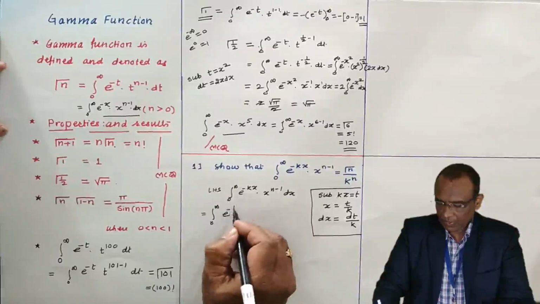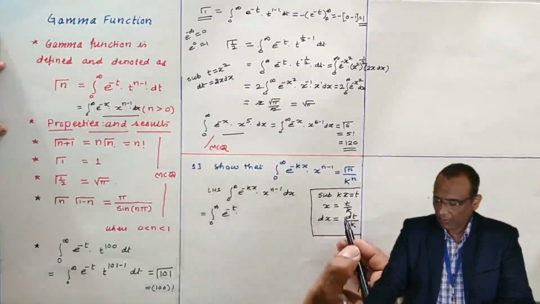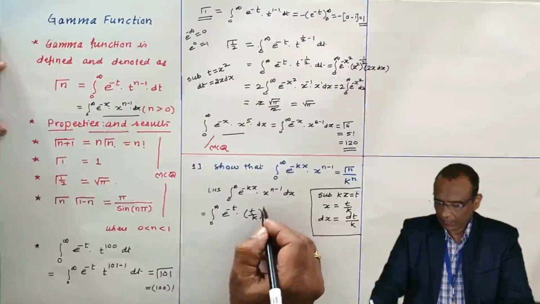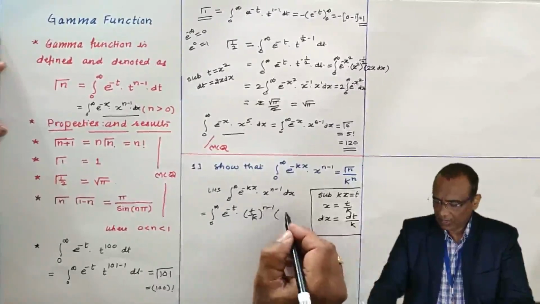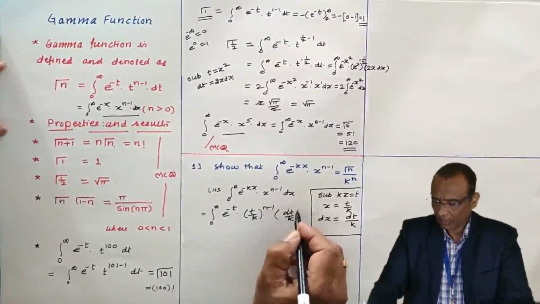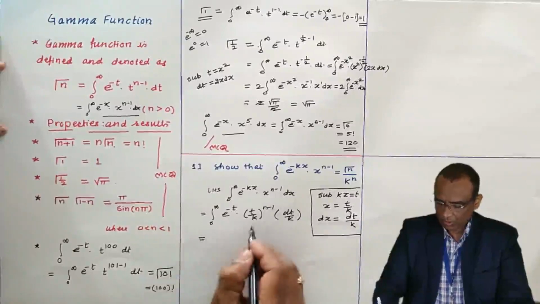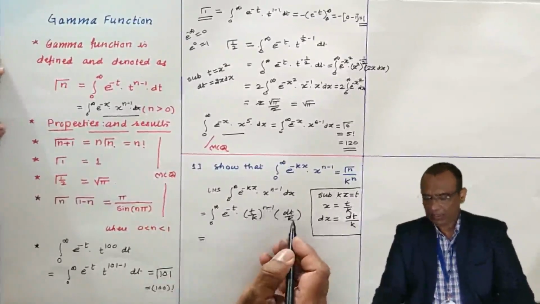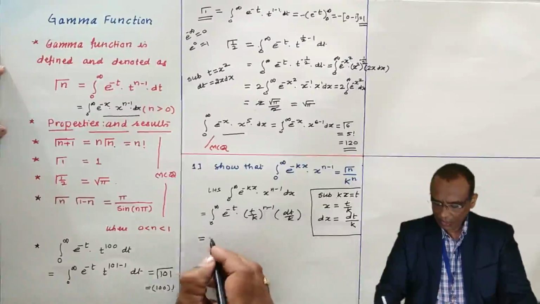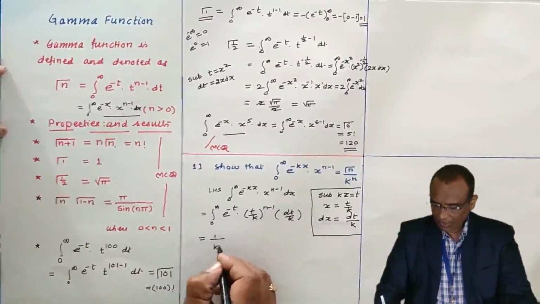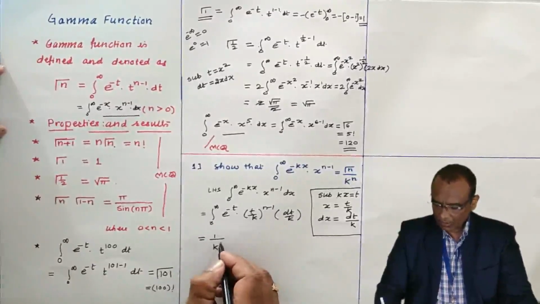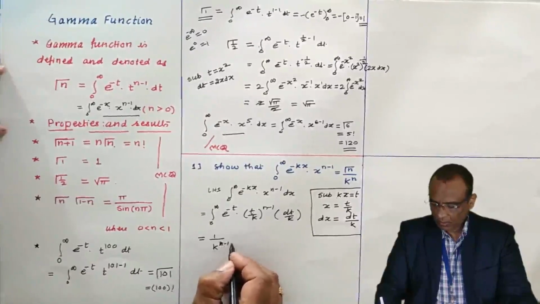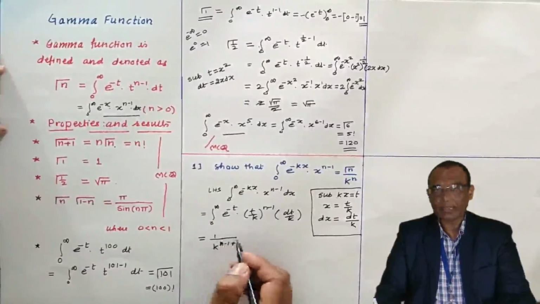Now the integral from 0 to infinity of e power minus t, where the value of x is t by k and the value of dx is dt by k. Now this k power n minus 1 is in the denominator, and k power 1 is in the denominator. I am taking it outside: k power n minus 1 plus 1, so you can directly write k power n.